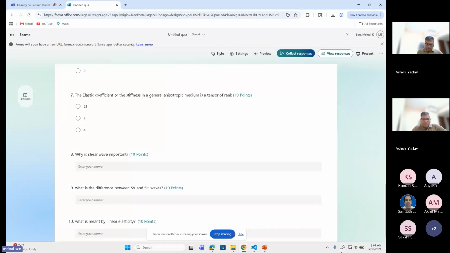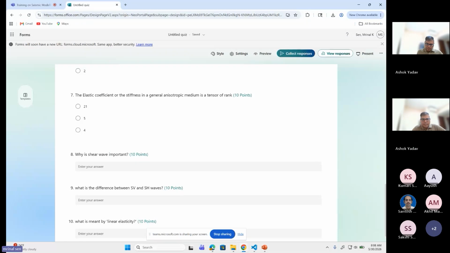So what is the difference between SV and SH waves? I think it is the polarization of the particles. They're both normal to the direction of the ray in an isotropic medium. So SV is on the plane and SH is normal to the plane.